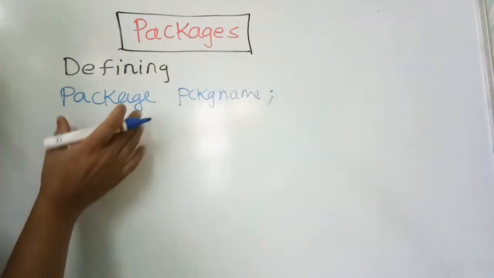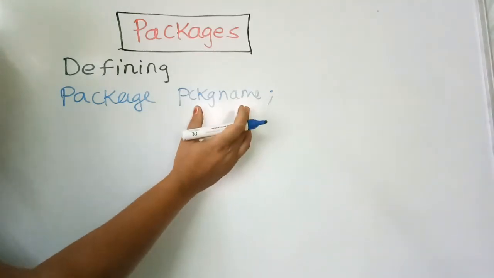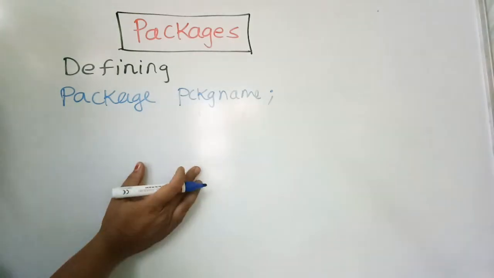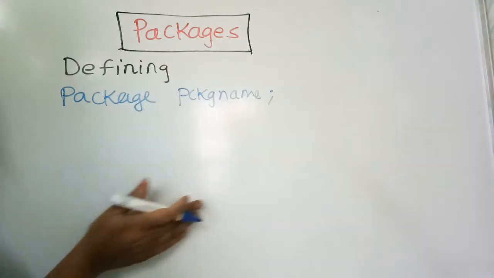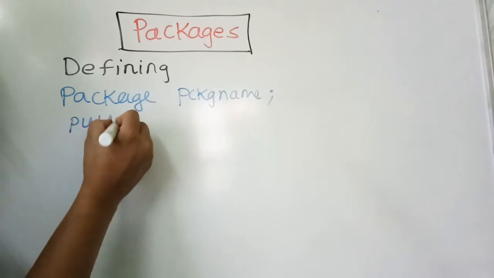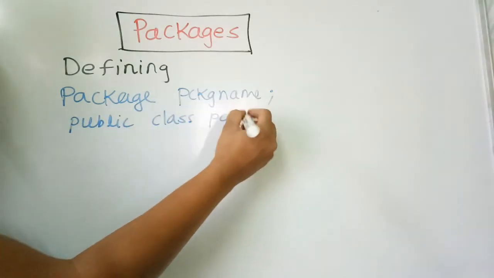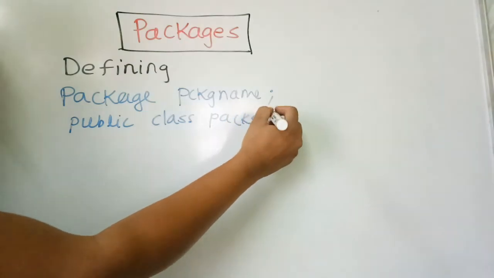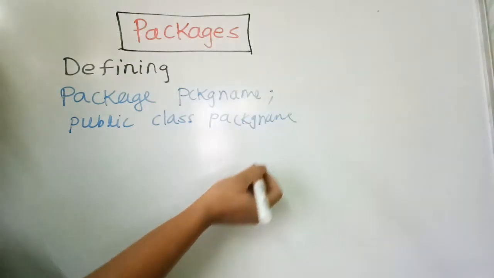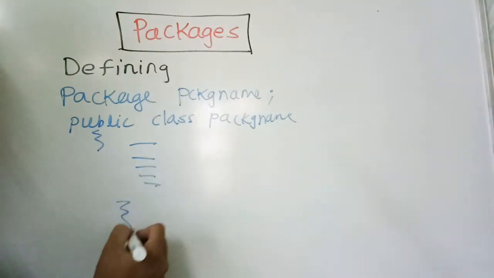This is the standard keyword package, then the package name of your own choice. Then you have to define different classes belonging to that package, for example, public class with your class name, and give its definition.